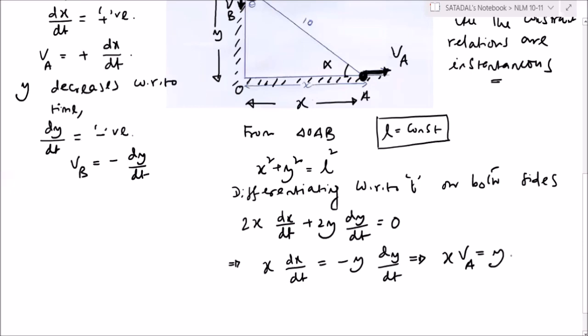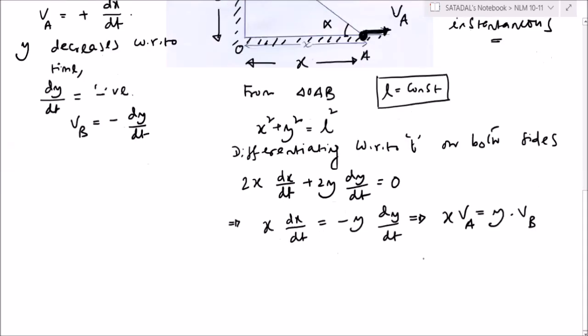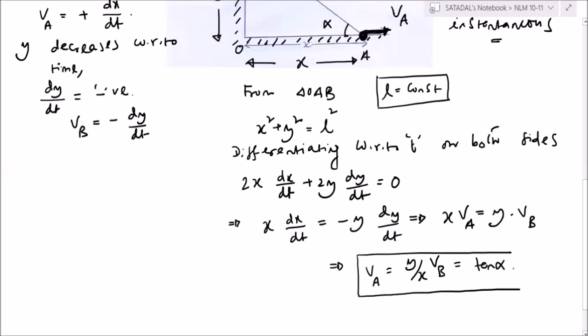Minus dy/dt, how much have I written? VB. Correct. So we are getting a relation VA is equal to y by x into VB. y by x is nothing but tan alpha. So the relation we got, VA is equal to VB tan alpha.